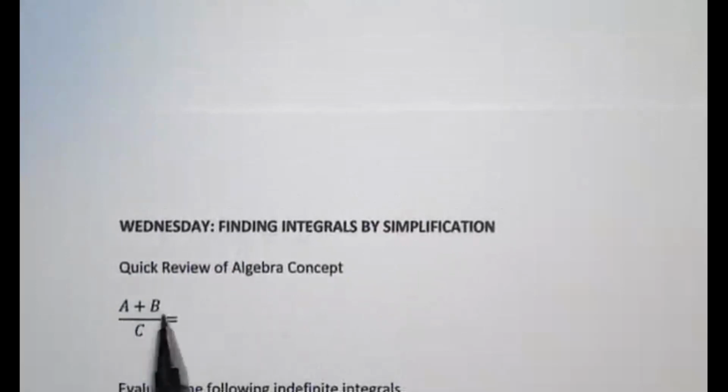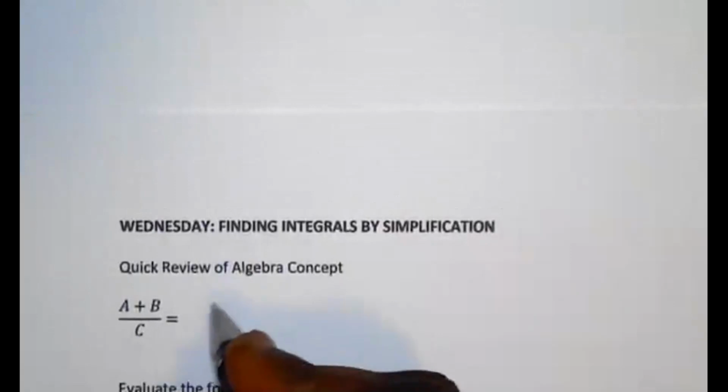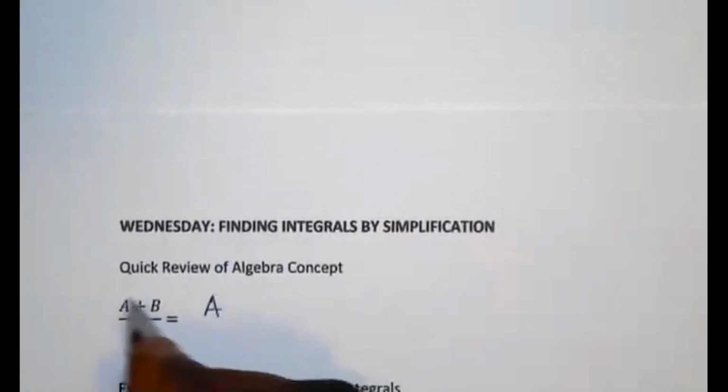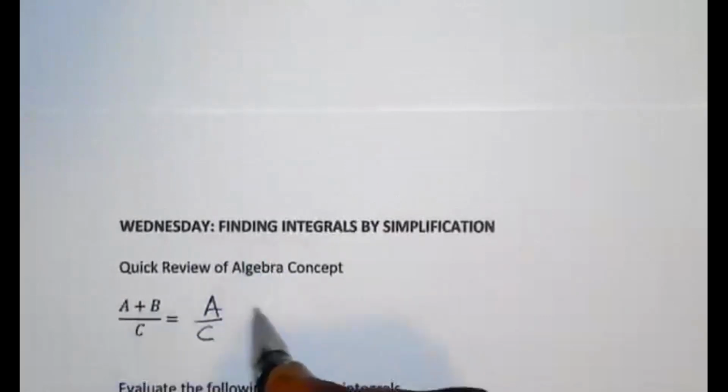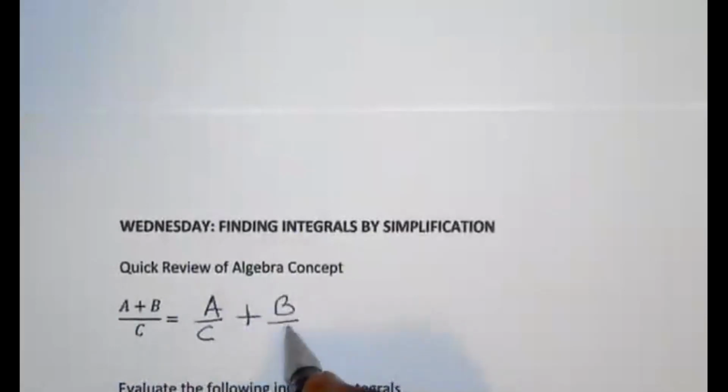If I have A plus B divided by C, C is a common denominator for the A and B. So I can rewrite this by dividing A by C, the first term, plus dividing the second term by the same common denominator. So you divide each term by the common denominator. If there are 3 terms, you do the same thing.